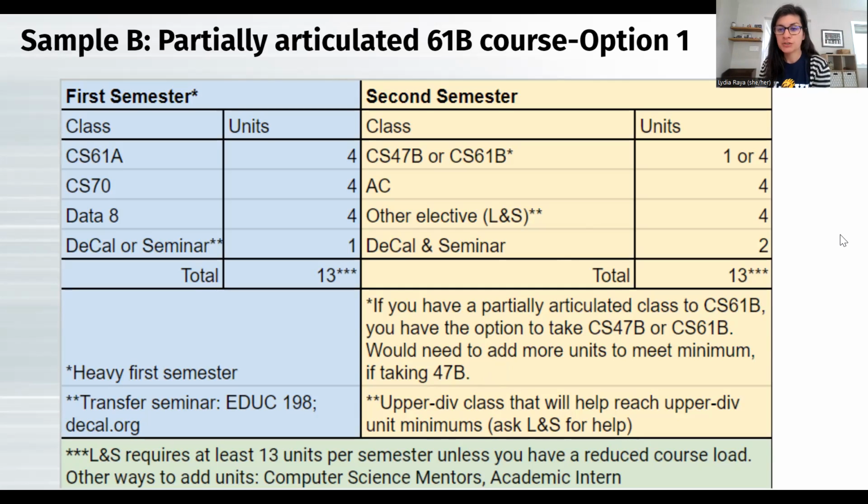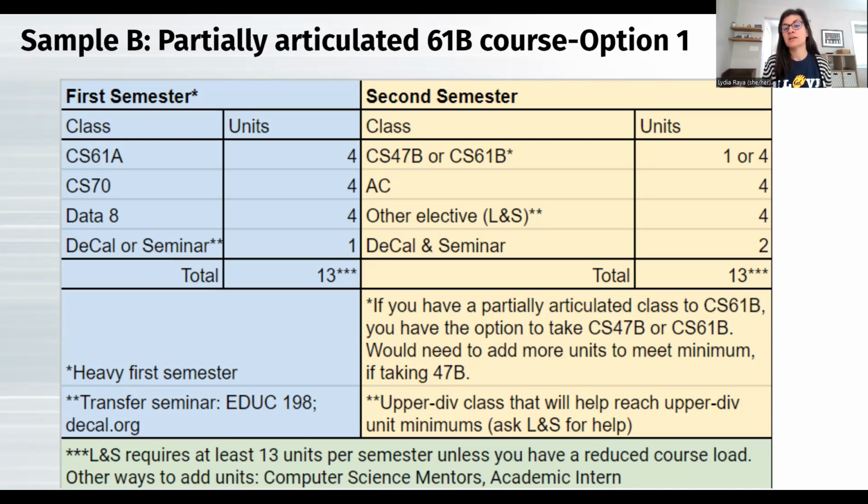Okay, so if we have partial credit for 61B, are we supposed to take 47B, which is the bridge course? Or can we take 61B? What can we take, or what do we have to take? So I'm going to assume that you chose computer science on your application to UC Berkeley.